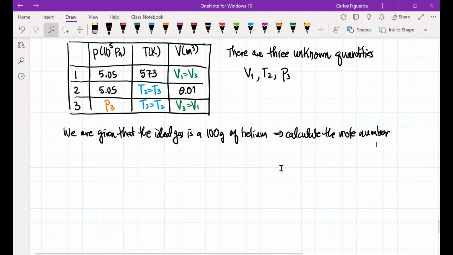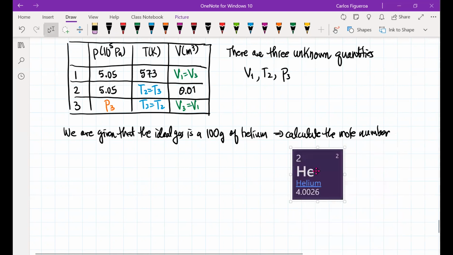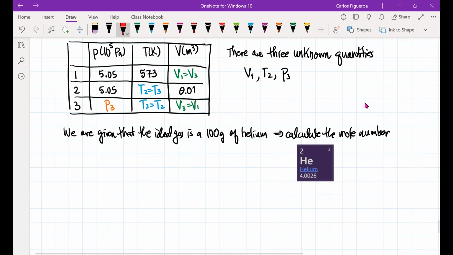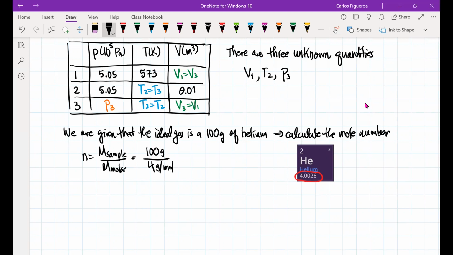From the periodic table, I can see that the molar mass here is 4. So N is going to be the mass of the sample divided by the molar mass of helium. That means I have 100 grams, and the molar mass is 4 grams per mole, and that gives us 25 moles for the value of N.